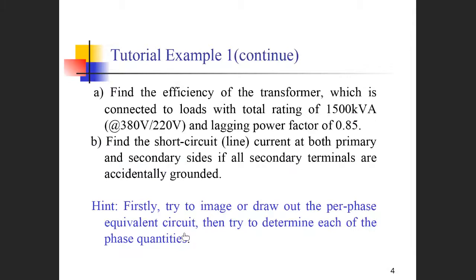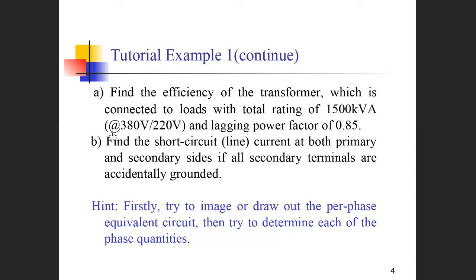And the question is to find out the efficiency of the transformer, which is connected to a load with a total rating of 1,500 kVA. So this loading means that it is not fully loaded. It is connected to a 1,500 kVA three-phase load rating at 380 volts line, 220 volts phase.